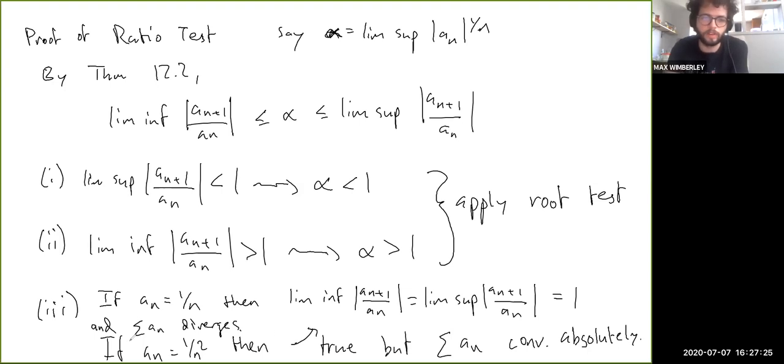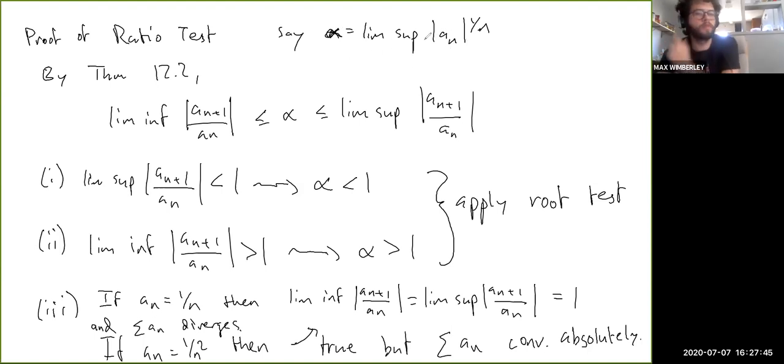Right, so this is what tells us that we can't have any information in this case, because there are examples where it goes either way. A few comments about this. First of all, what I was saying is that there's a sense in which the root test is more powerful.